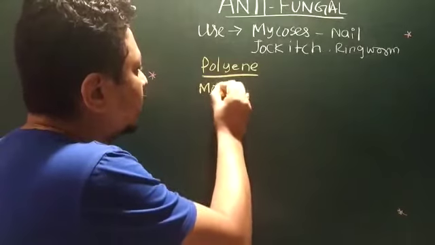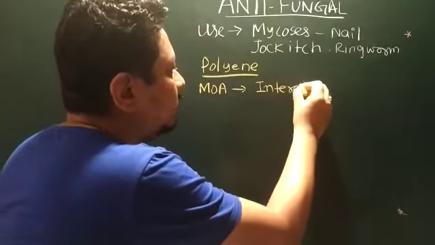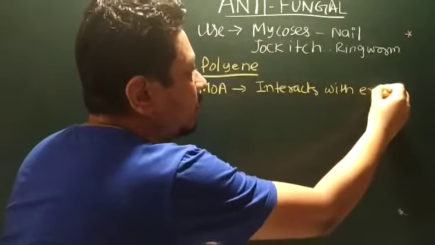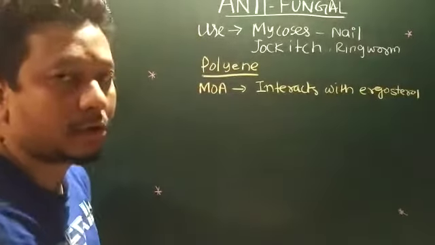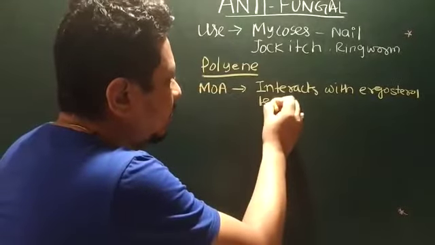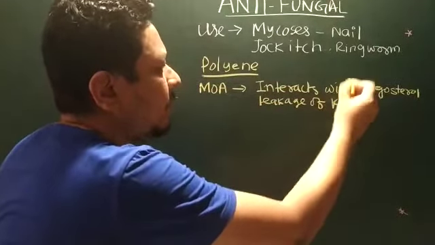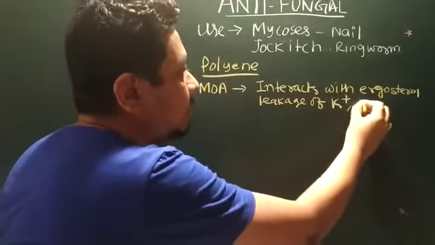It interacts with ergosterol of fungus, okay, and causes leaking of the cell, and this leaking includes the leakage of potassium mainly along with sodium and other ions, and leads to fungal cell death.